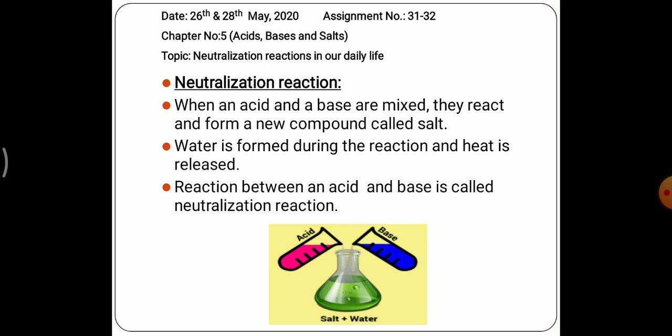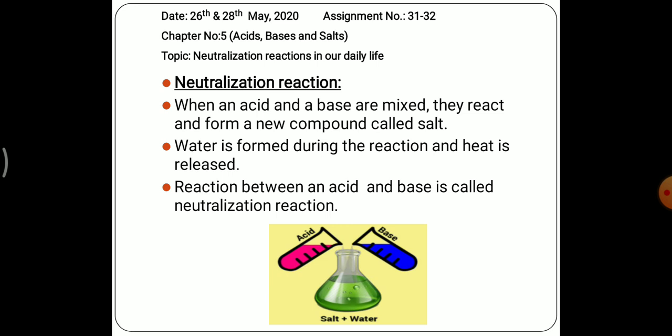So now coming to our main topic, that is neutralization reaction. So what do you mean by neutralization reaction? Here, the acid and bases, you have studied it earlier. The acid and bases are chemically opposite substances.